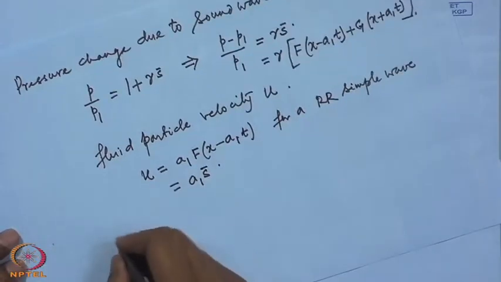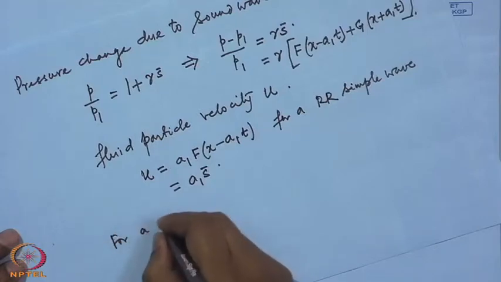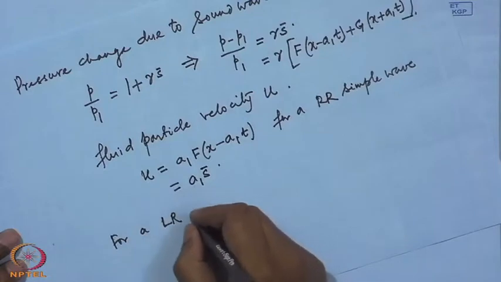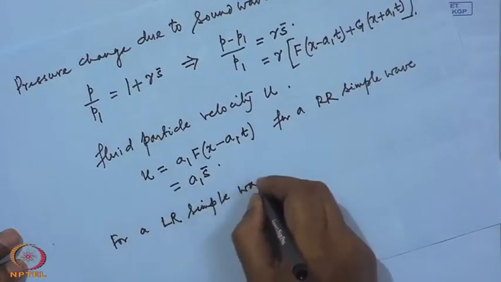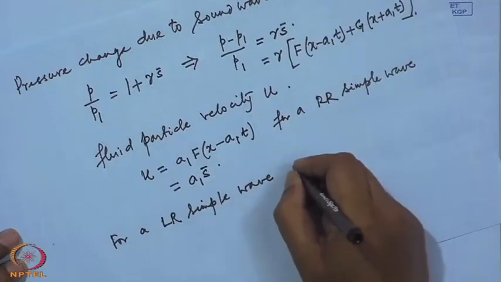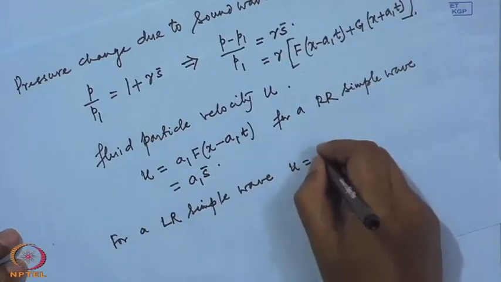Similarly, for a left running simple wave, u equal to minus a1 s.